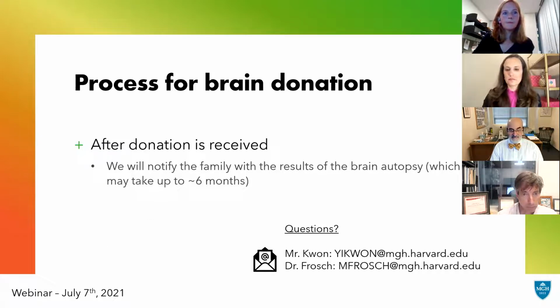After your donation has been received, we'll be in touch by phone or a letter regarding the information and instructions on how to receive the autopsy results through the Mass General medical records. And as a final note, for all of these steps, I'll be available to answer any questions or concerns. I know that these steps can occur under many challenging circumstances, but we'll do everything we can to assist you through the entire process. Thank you.